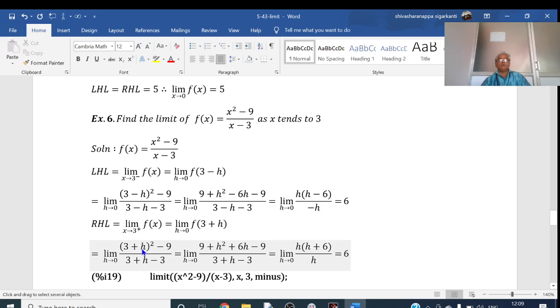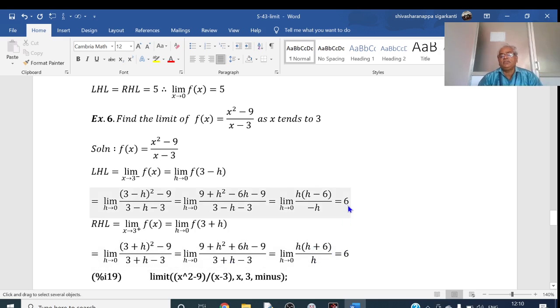Expanding using the formula a square plus b square plus 2ab: 9 plus h square plus 6h minus 9 divided by 3 plus h minus 3. In the denominator 3 gets cancelled. In the numerator 9 minus 9 gets cancelled. Taking h common from these two terms, we get h into (h plus 6) divided by h. Now h gets cancelled. Now apply the limit as h tends to 0. So this becomes 0 plus 6, which is equal to 6.